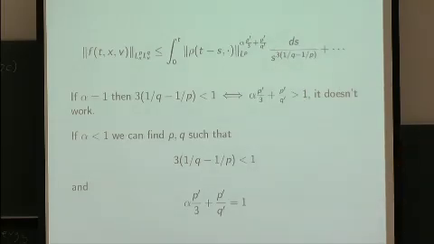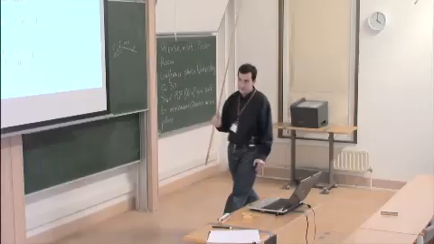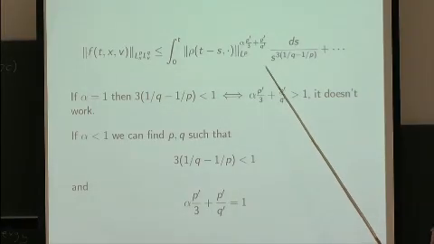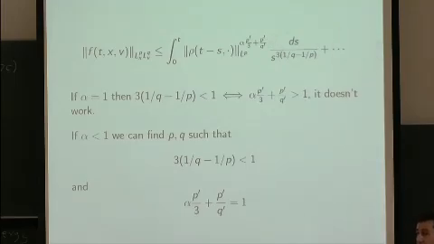That's what the previous transparency gave us. And here's the price that you pay for gaining that, for flipping p and q. And now you need 2 things. You need this exponent to be less than 1 for this integral to converge at 0. And you need this power not to be bigger than 1, because otherwise you cannot do Gronwall.